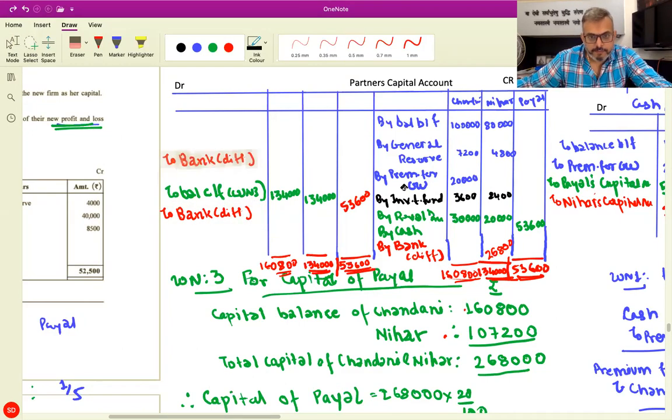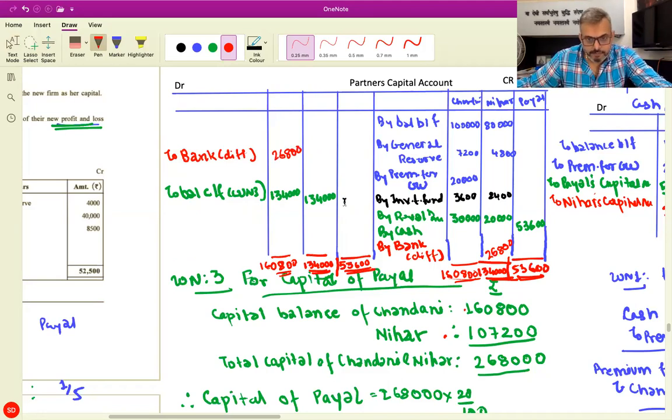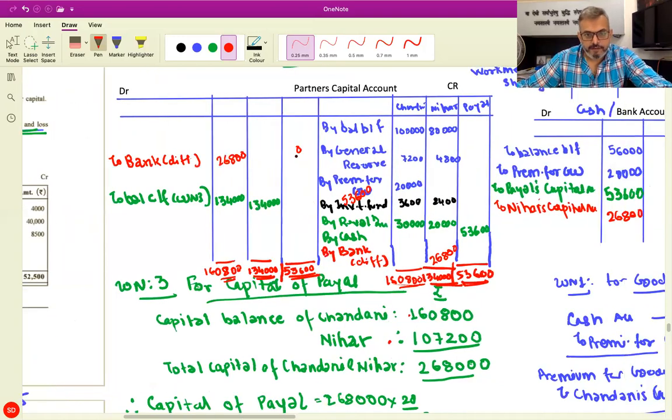Above balance, okay? Take it above balance. So you write over here 26,800. Now we give the second effect. Chandni's capital account is debited and bank account is credited.